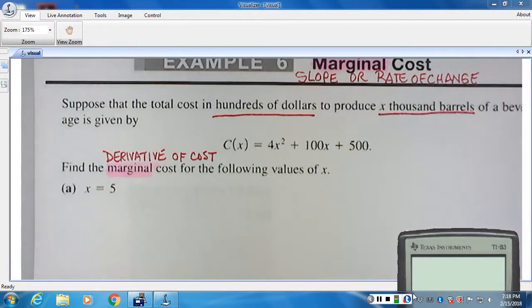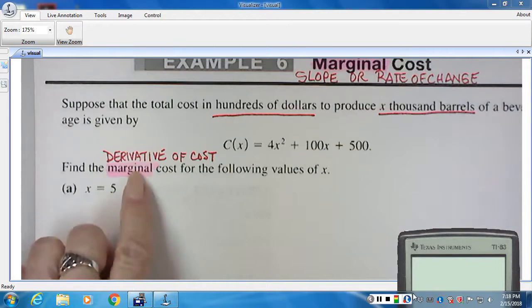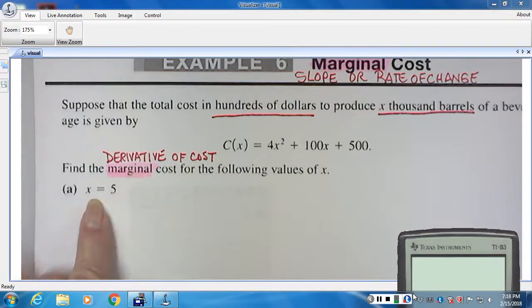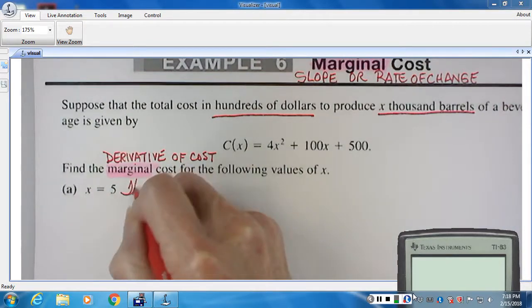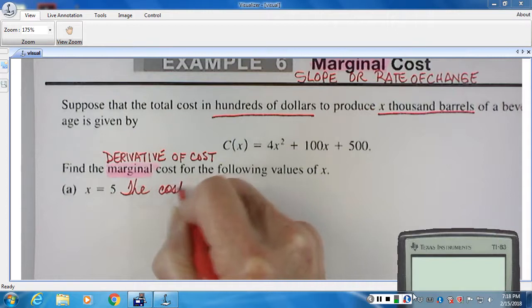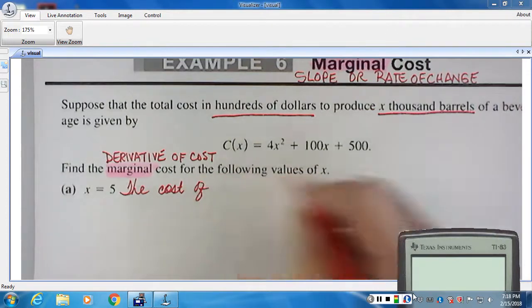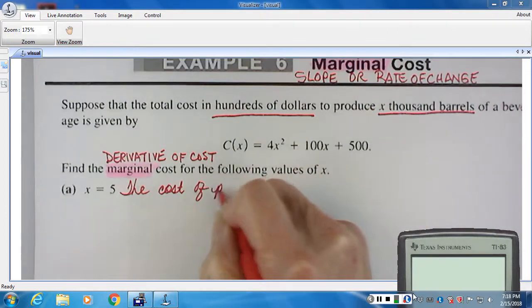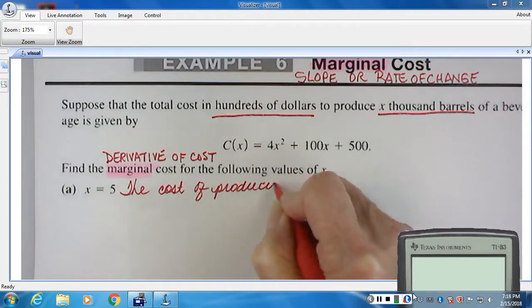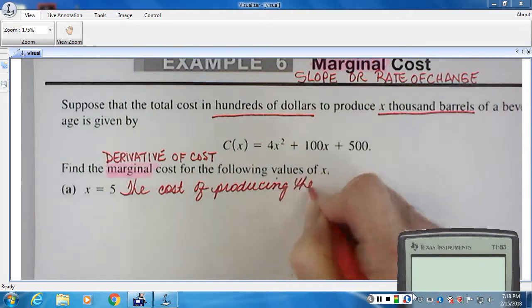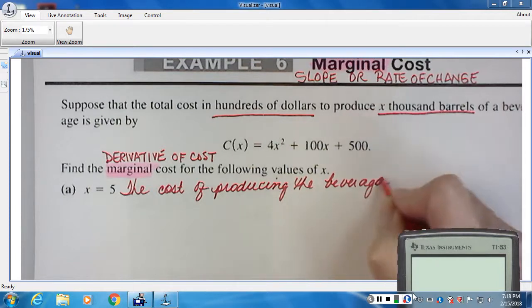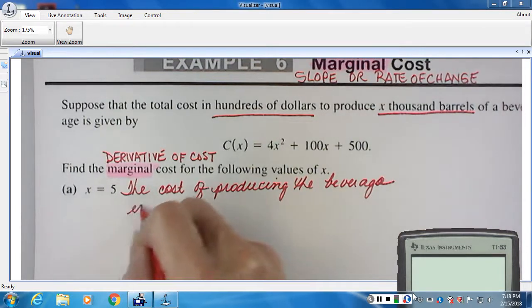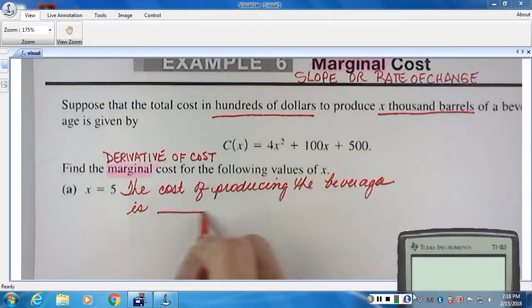So we need to pay attention to those units. When it says find the derivative of cost when X equals 5, the actual answer we're going to come up with is going to say the cost of producing the beverage is, and this is going to be either increasing or decreasing.